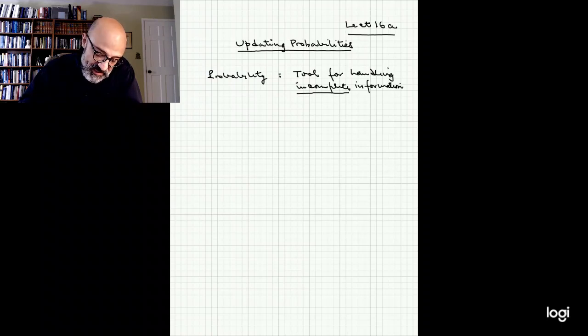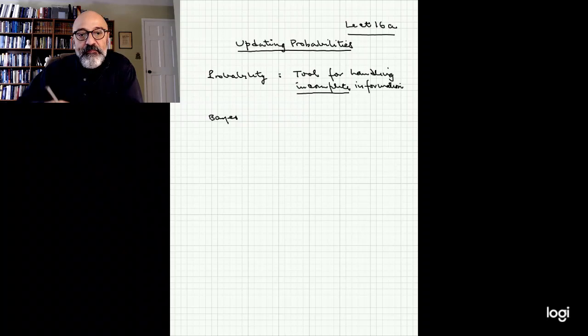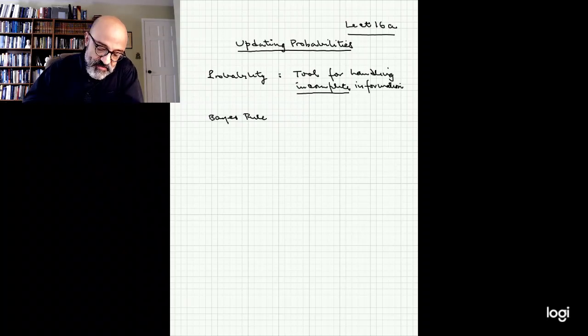We had seen that one special case of updating was the use of Bayes' rule. Bayesian updating is one possibility.